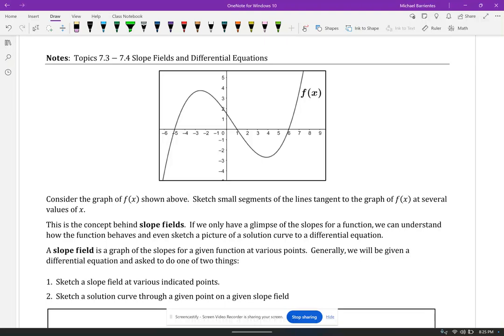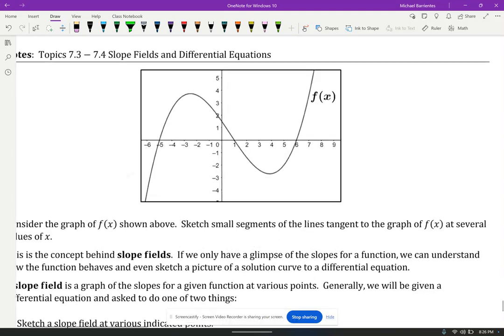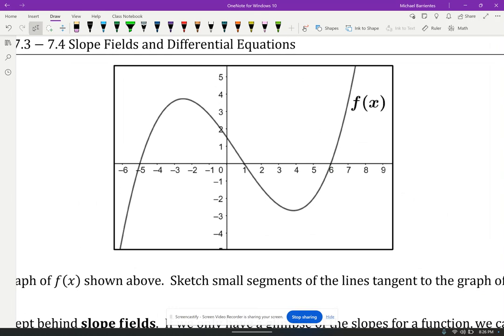We're starting Unit 7, which is all about differential equations, and we're going to start with a fairly graspable, easy idea, and that is this. If I'm given a function graph, if I were to create tangent lines along this graph, and so I'm just picking some random points here along the graph, and I'm drawing the tangent lines on the curve of this graph.